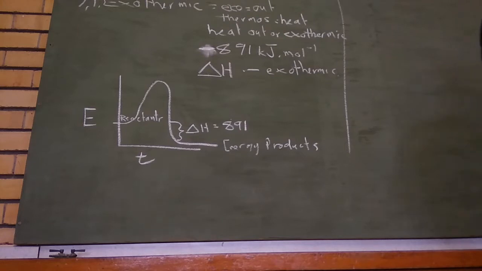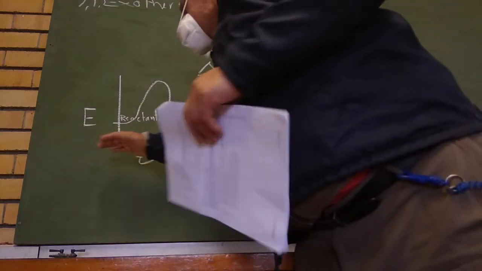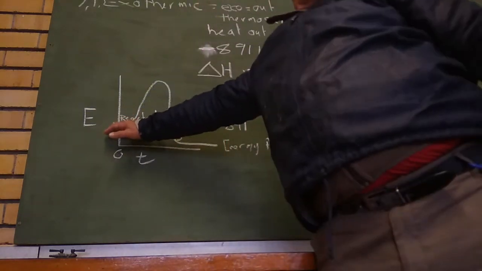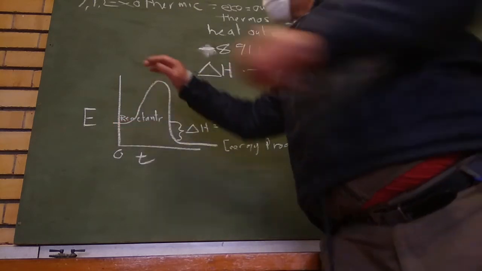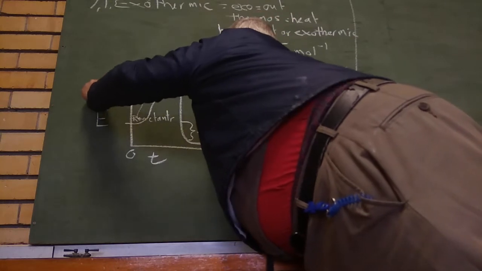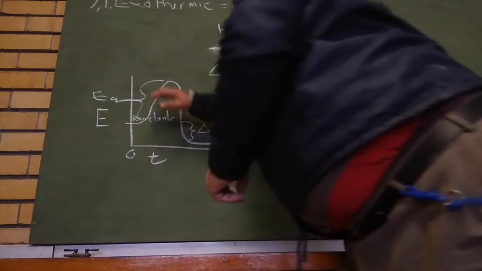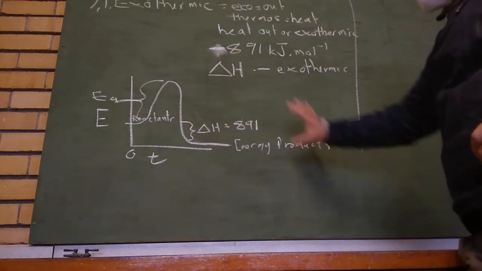They were given a spark called your activation energy. But then once they got burning, they gave out heat. The difference between what they started with and what they ended with was 891 kilojoules per mole. And so that's why the graph has got that shape.